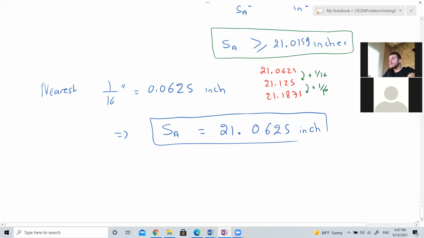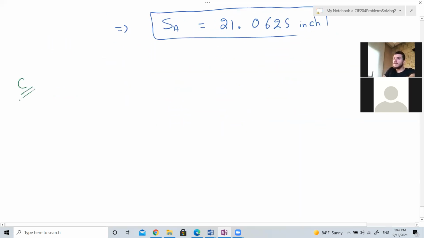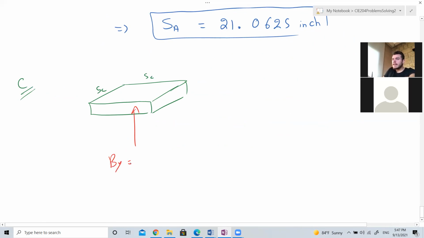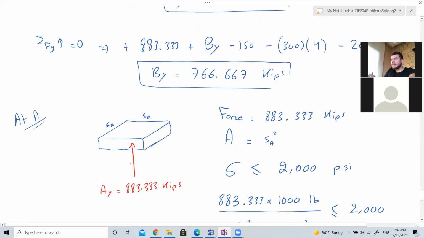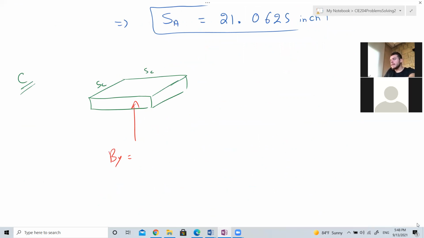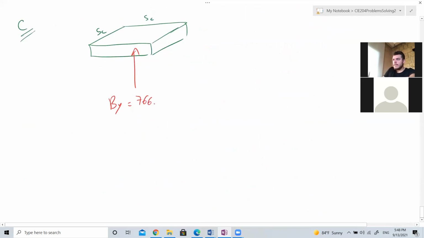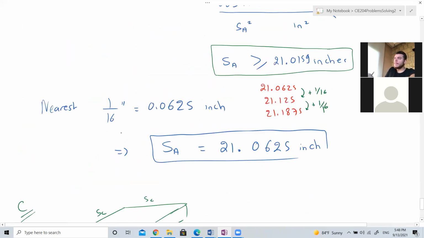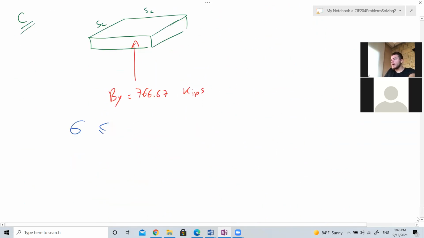What about C? Is it going to be the same? We don't know. Surely not, because the force changes. Here the force on C is BY, which is 766.67 kips. So sigma is less than or equal to sigma allowable, which is 2000 psi.